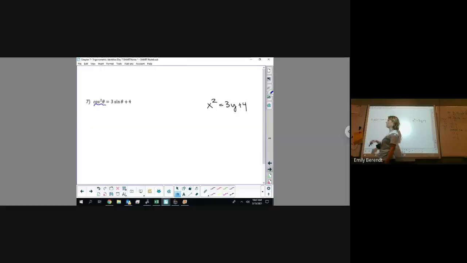Cosine squared of theta is equivalent to what? 1 minus sine squared theta equal to 3 sine theta plus 4. Oops, not 3x squared, 1 minus. So right now, algebra looks like this. 1 minus y squared equals 3y plus 4.